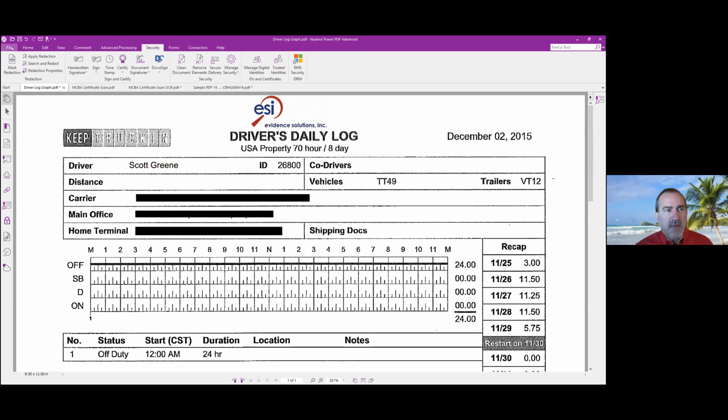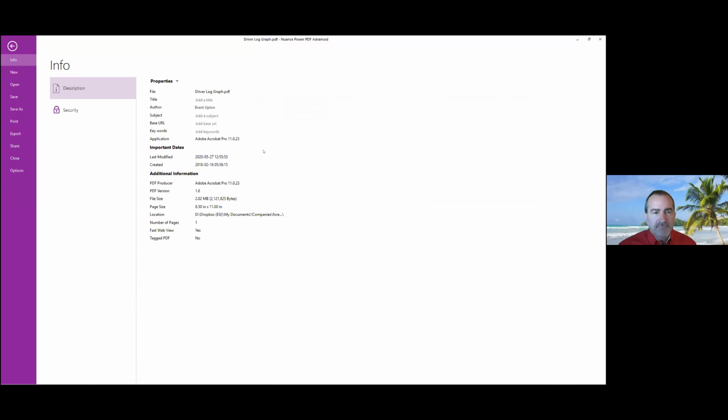And yet if we go into the metadata and look at it, we can see there's a date for 2018, which was when this PDF document was created. And that's possible because the underlying data is older than that. And then there's this date of 2020, 5/27, which is, of course, today, when I last modified this particular document.